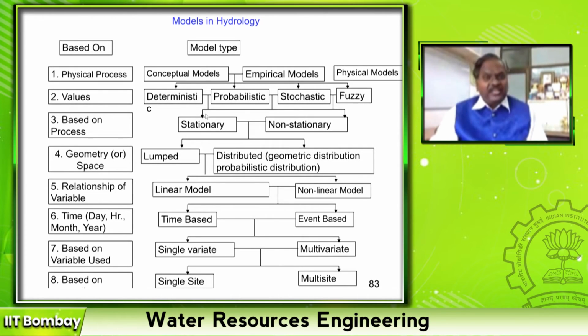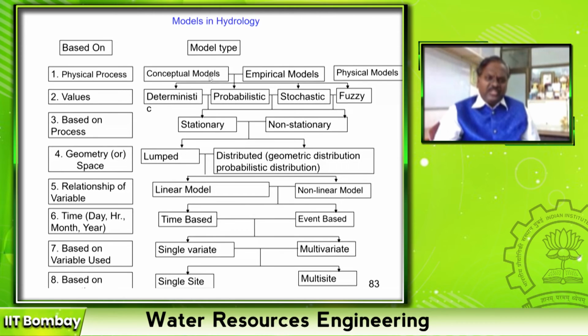But unfortunately, in hydrology, we cannot use a single model. It should be a combination of several models to predict a runoff. For example, if I want to predict the runoff at a dam, that is a single site. So it is a single site, single variable, time-based, linear, lumped, stationary, deterministic, conceptual model.